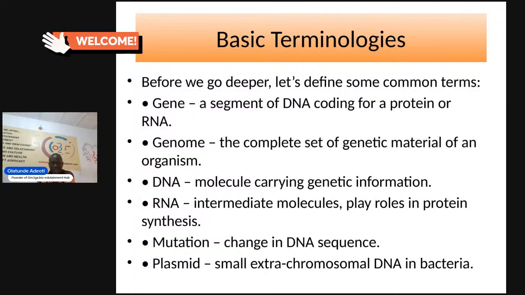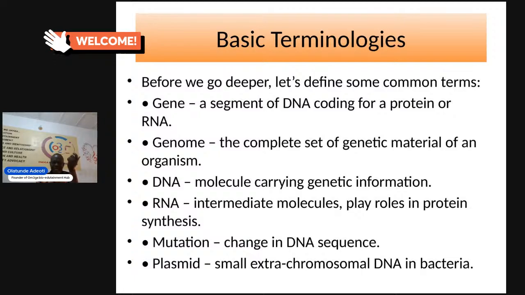Then DNA, which is deoxyribonucleic acid, is the primary form of genetic information carrier. So DNA is a molecule carrying genetic information. Then RNA is an intermediate between molecules of DNA as well as protein.